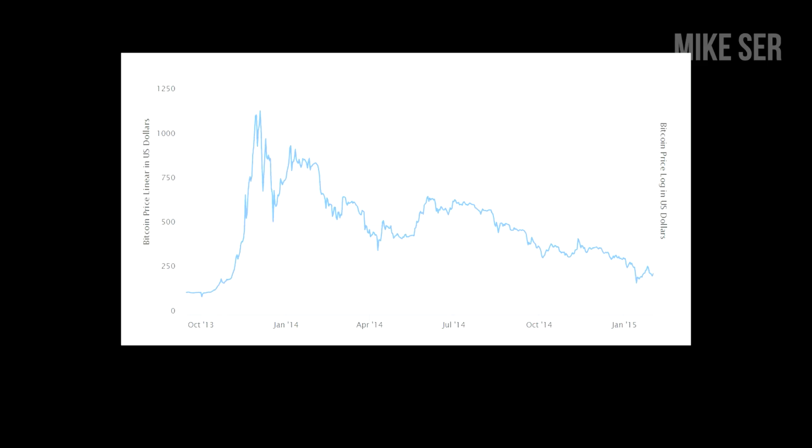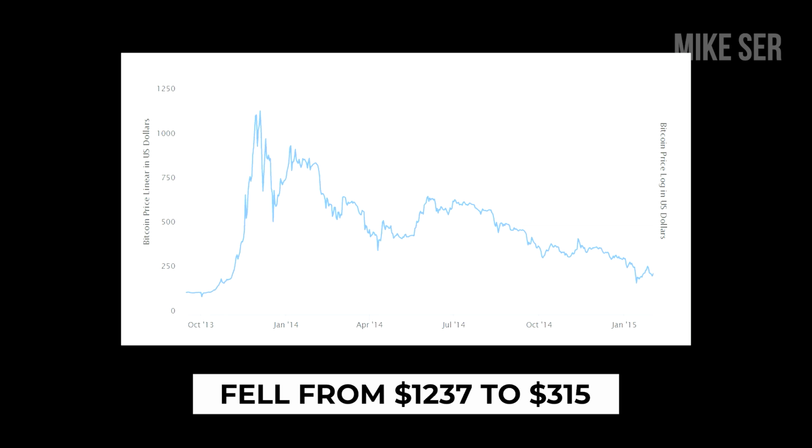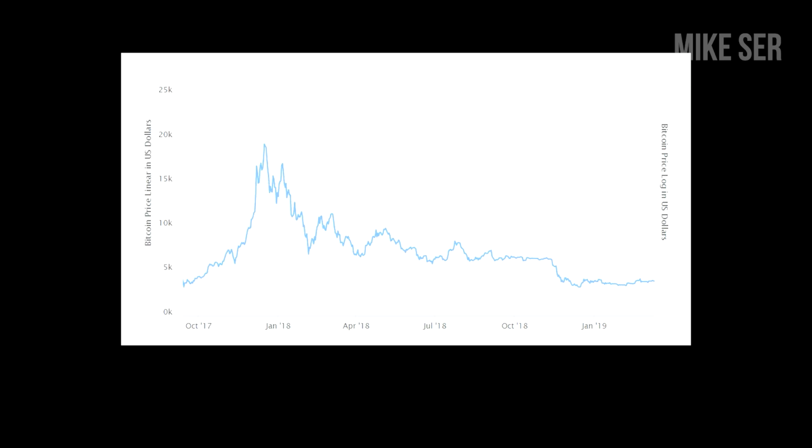Then a few months later, prices spiked up to $1,237, but fell to $315 at the start of 2015. However, it was in 2017 when Bitcoin really went mainstream and hit a high of almost $20,000.